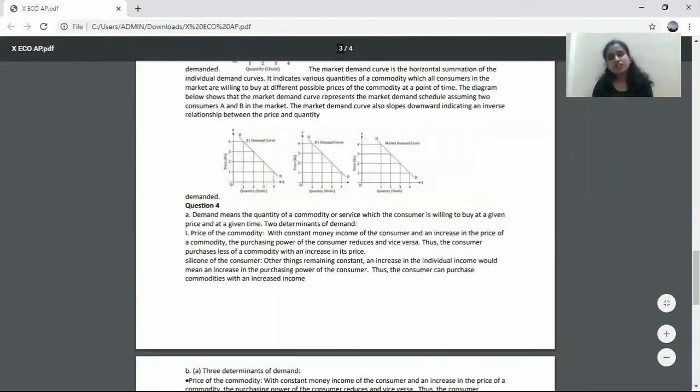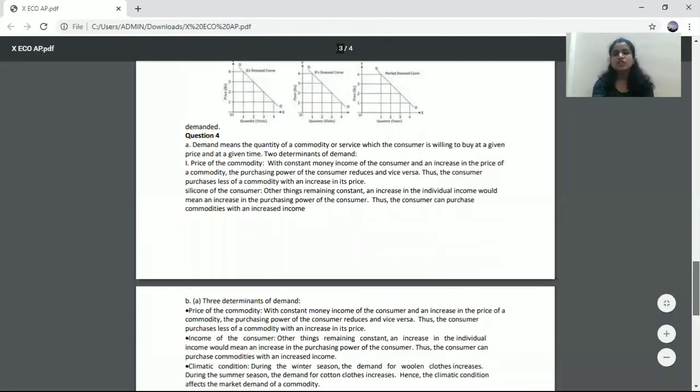You can use the price of the commodity, you can write the price of related goods, the taste and preferences of consumers, the change in the rate of interest, or the changes in the credit facility, or the income of the consumer. All of these factors, you can use anything that you're comfortable with. You can write down two factors. But remember, header points as well as the explanation to these points have to be written.